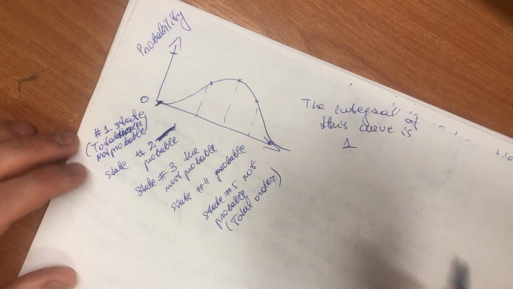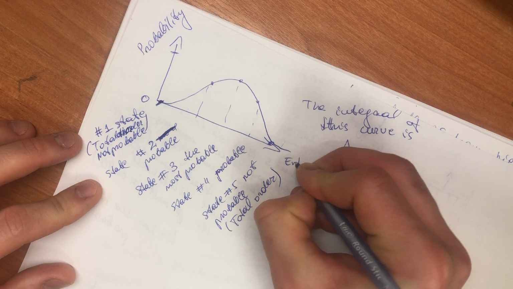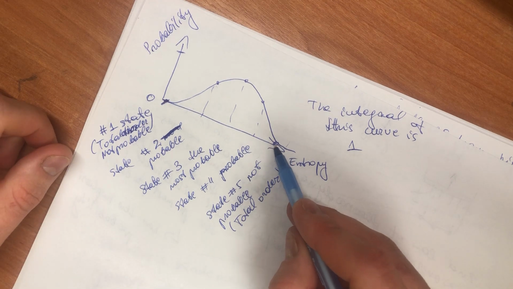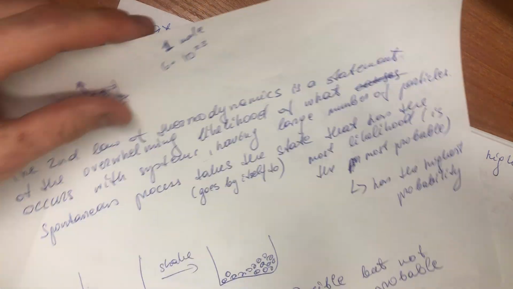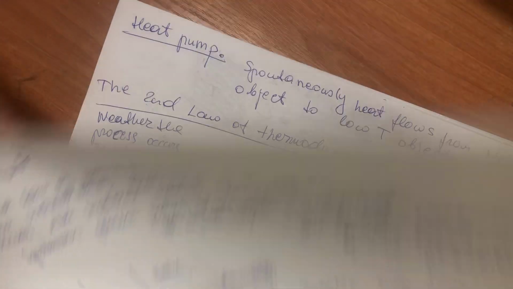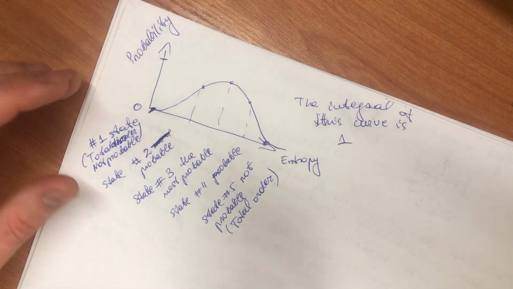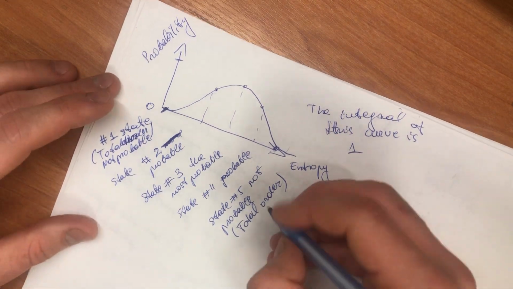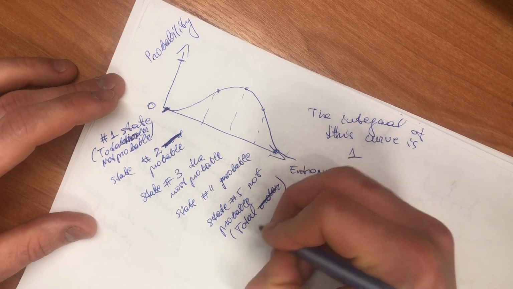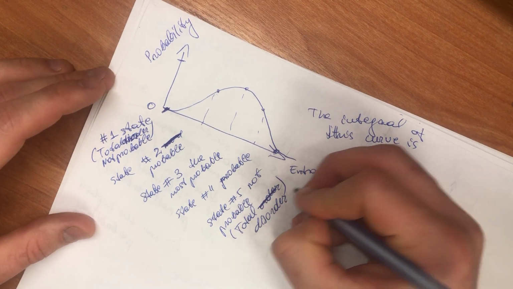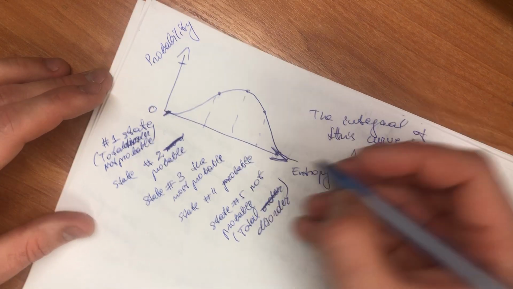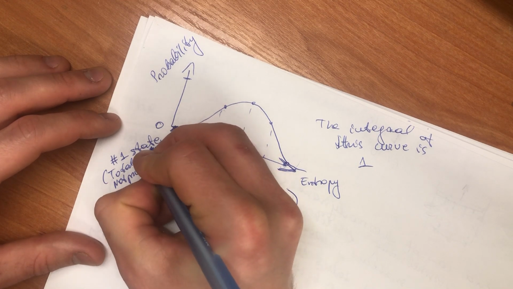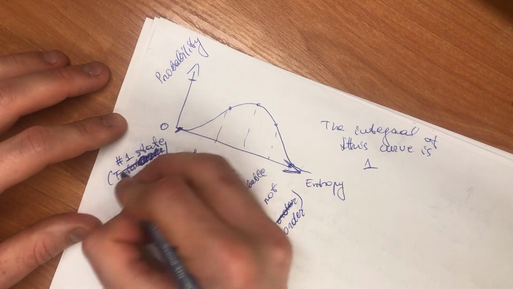So in this total order, if we say that here is entropy, it means that balls are standing here in total order. Total disorder here, because entropy increases in this direction, and this would be total order.